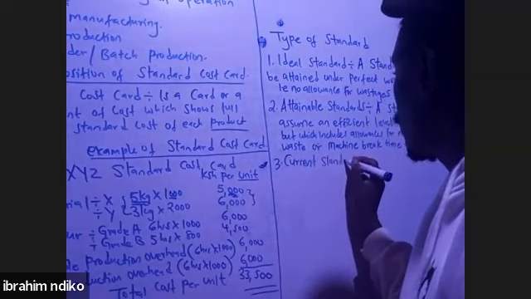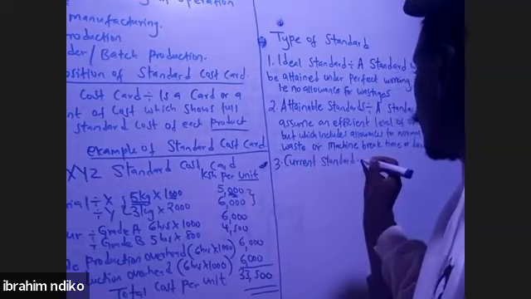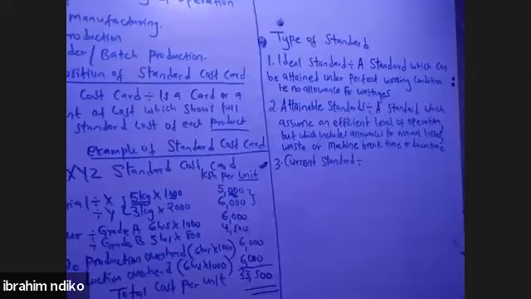Current standard. So what can we say about the current standard? A standard based on the current level of efficiency in terms of allowance for breakdown, wastage, and so on.